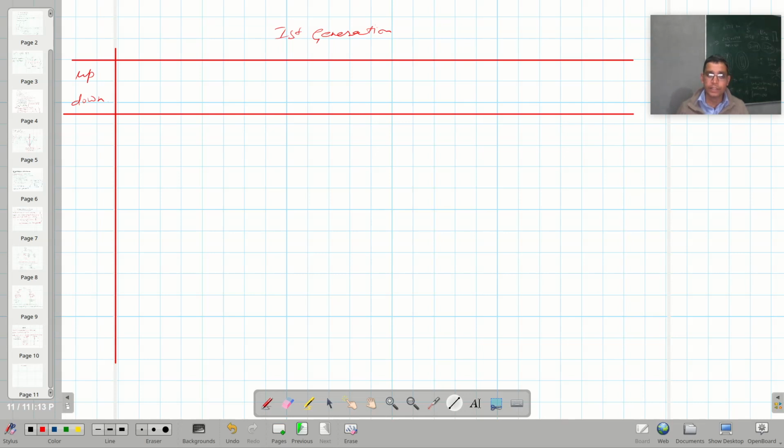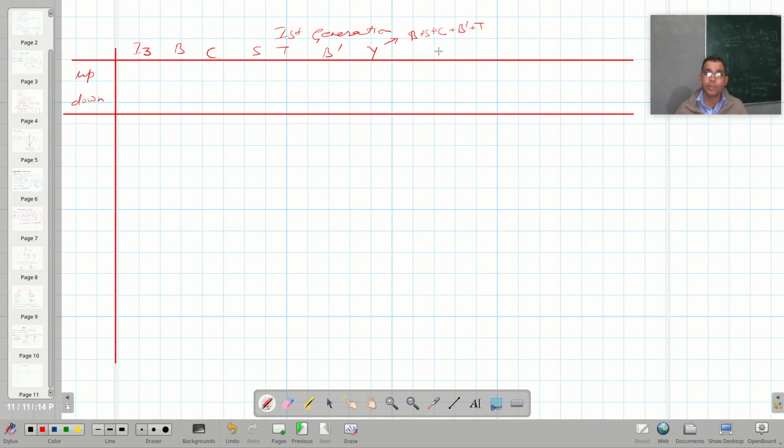Their quantum numbers are also represented here: I3, B, C, S, T, B prime, and the hypercharge, which is basically B plus S plus C plus B prime plus T, right?